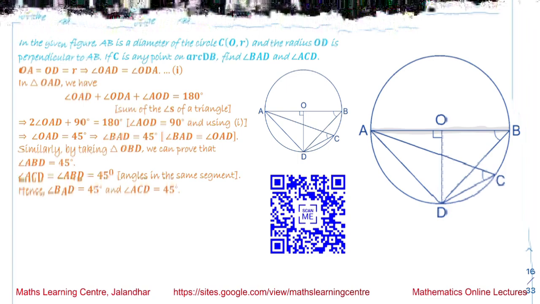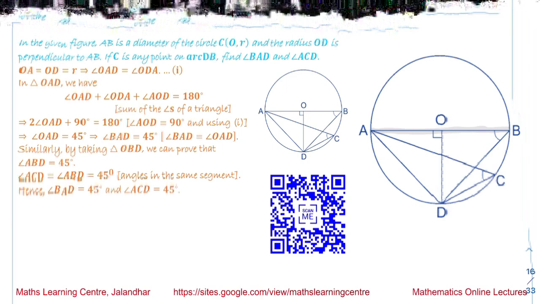So each angle of this quadrilateral is 90 degrees, and this proves that AEDC is a rectangle. And if it is a rectangle, we get that this length AC is equal to ED.